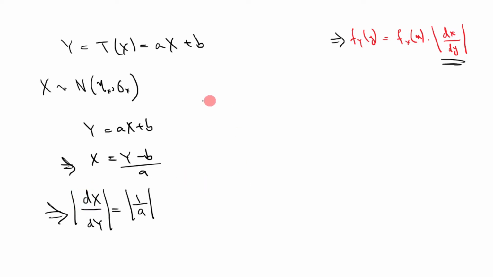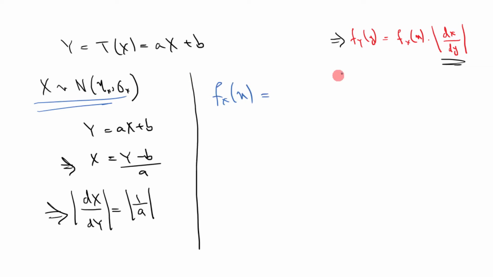So for this Gaussian random variable, we have the density function fx of x equal to 1 over under root 2 pi sigma x square into e raised to power minus x minus average over 2 sigma x square.